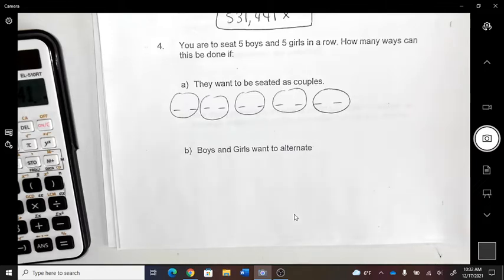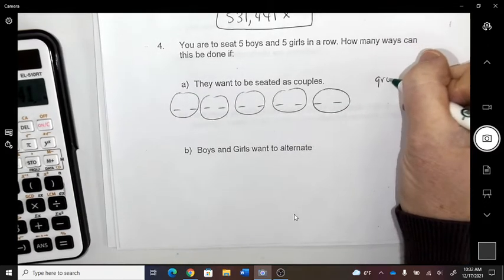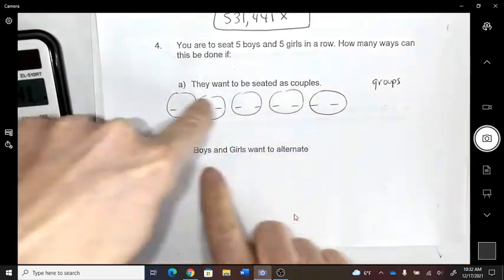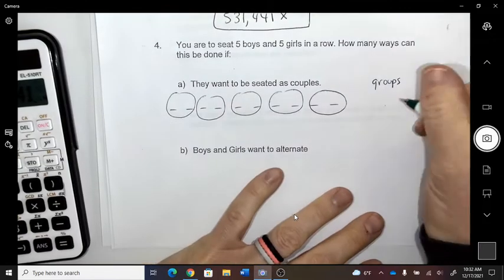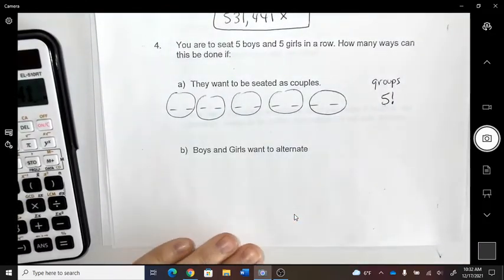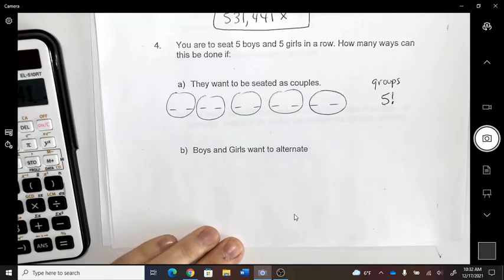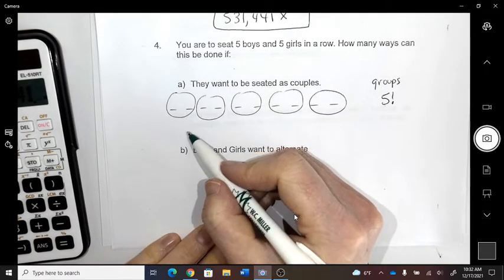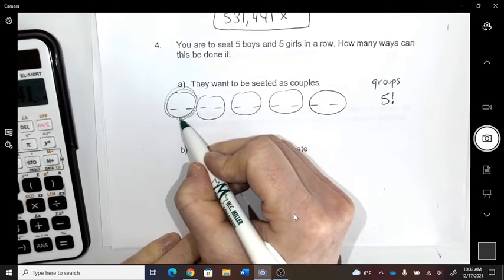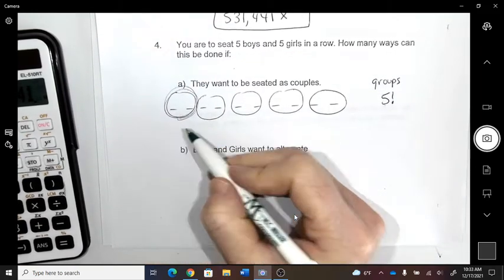How many different groups could I be rearranging now? How many groups can I rearrange? So now I only have 5 groups to rearrange. I'm not choosing this way. No. Okay, then what could these 2 people do inside their own self?